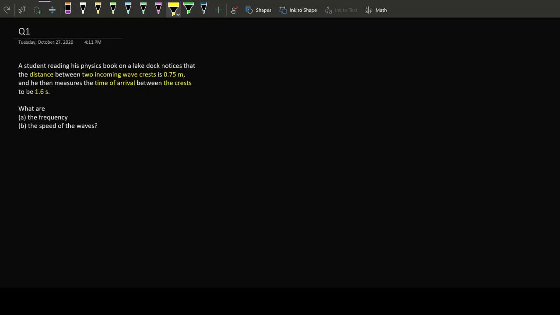It's very wordy, so let's try to unpack this question with probably a simple diagram. A student is reading a physics book on a lake dock. A lake dock is a structure that you build on the water, so you can stand on the water, or you can have a boat unload stuff at the dock, something like a jetty.